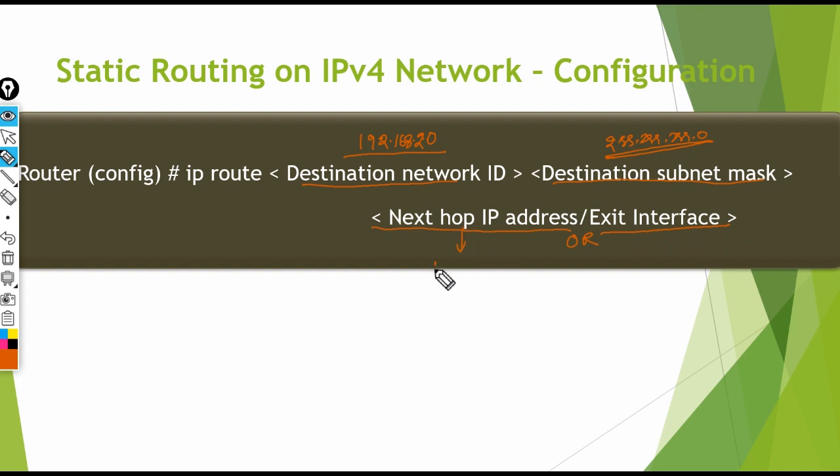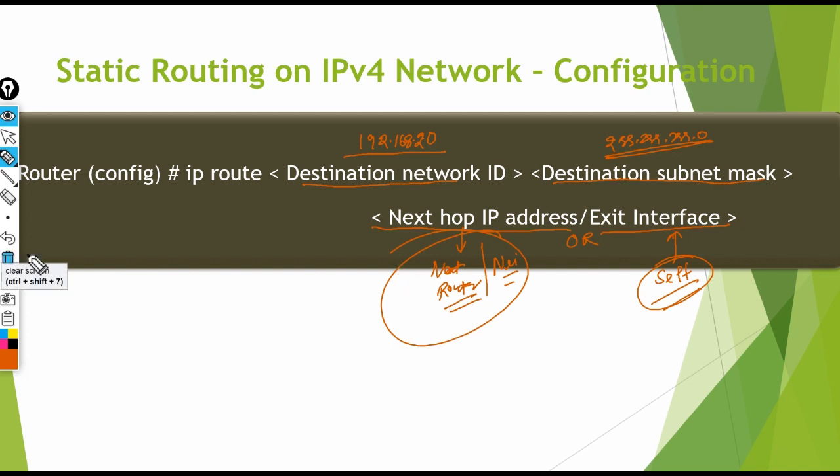Next hop IP address means the next router's IP address, or you can say the neighbor IP address. Exit interface means your own exit interface. So you need to configure either one. You can configure the next hop IP address, or you can also configure the exit interface. Most of the time the next hop IP address is preferable. We will see that both methods can be configured, but you have to use any one.